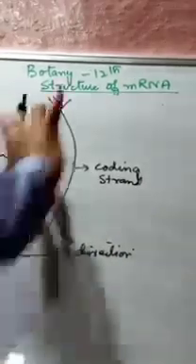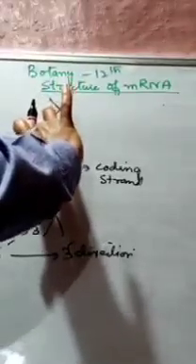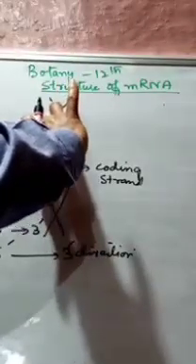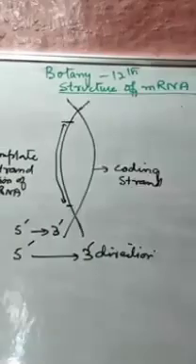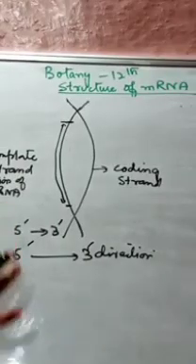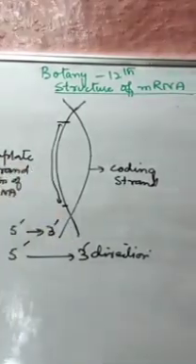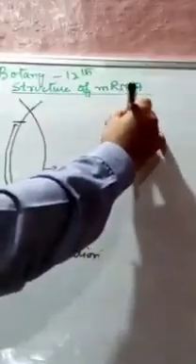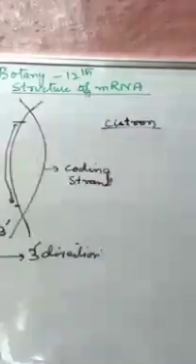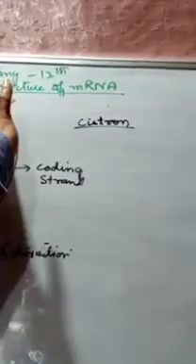Now this whole part is the template. This part, from here to here, which contains the genetic information for the synthesis of a polypeptide chain, is called the cistron.